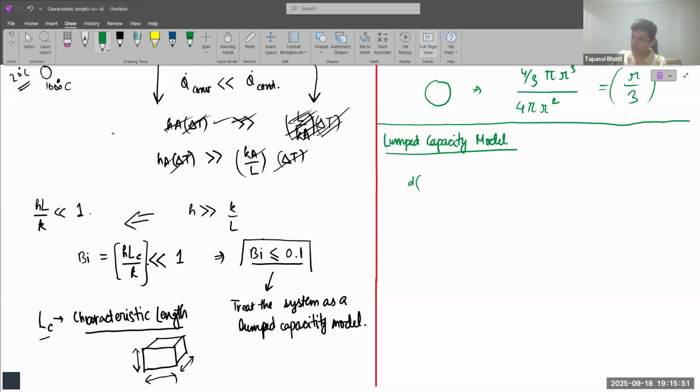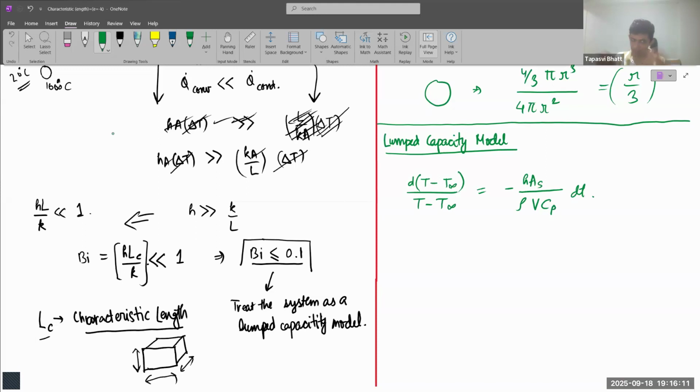Let me first write down the equation. dT over T minus T infinity is equal to minus h AS over rho V Cp dt.